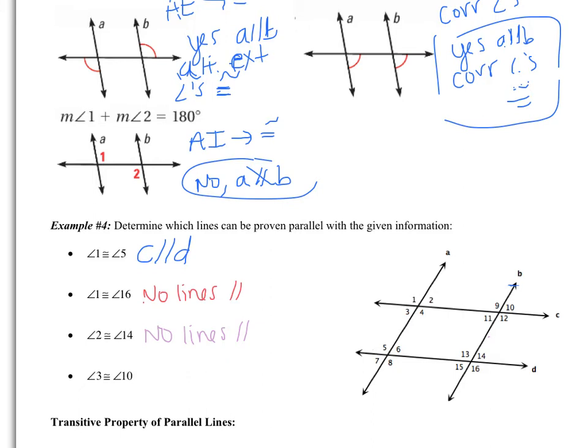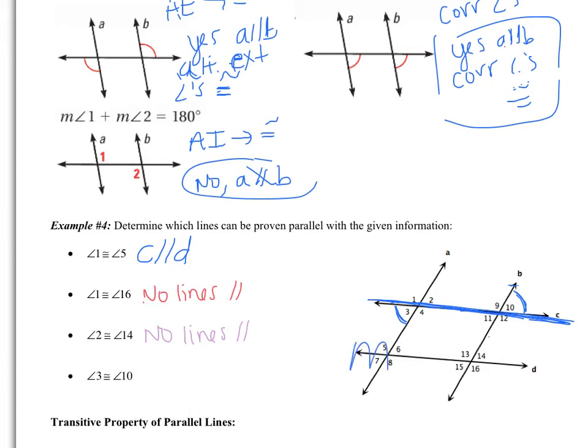And then the last one, 3 and 10. Okay, you guys do this one. Identify the transversal, and then identify which two lines are parallel, please. Okay, so we should have noticed that both of these angles touch line C, so C is our transversal.